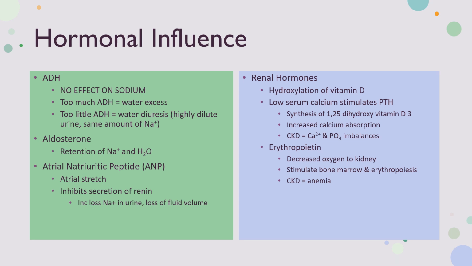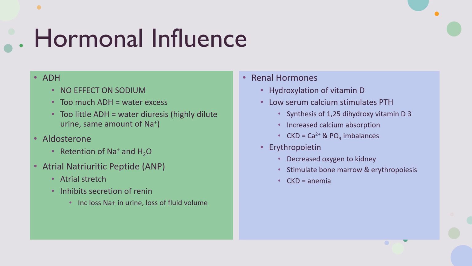Antidiuretic hormone, or ADH, is secreted by the posterior pituitary gland in response to low blood volume. It causes reabsorption of water in the distal tubules and collecting duct. It does not affect sodium reabsorption. However, it can dilute blood, leading to hypokalemia.